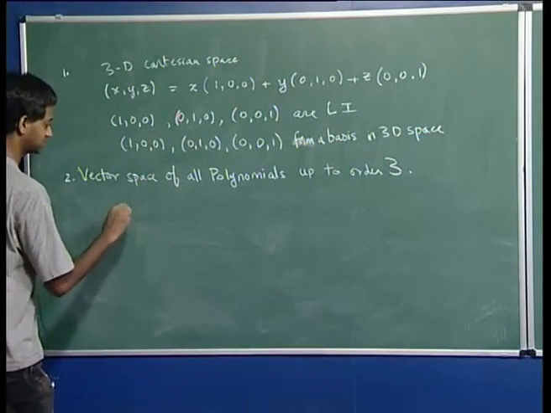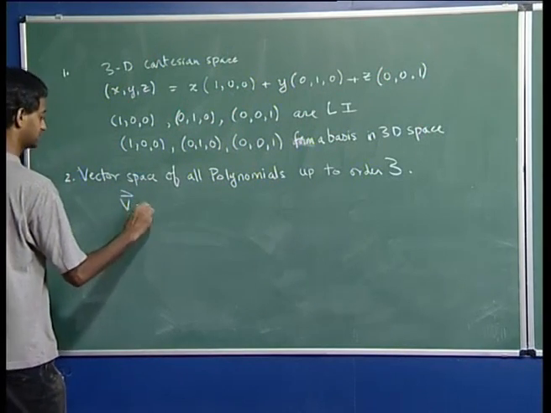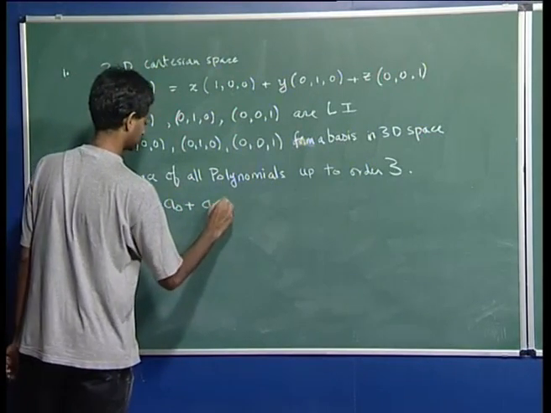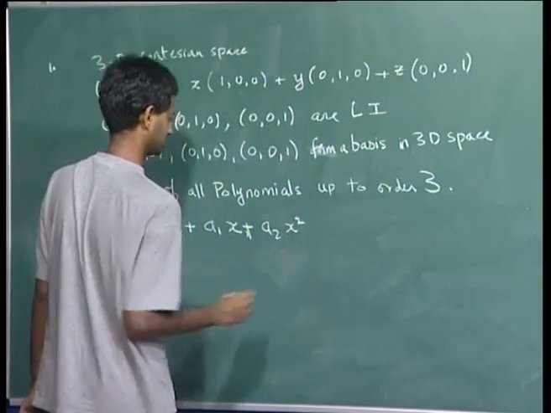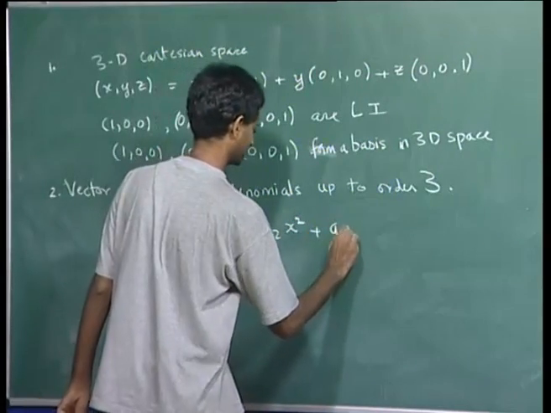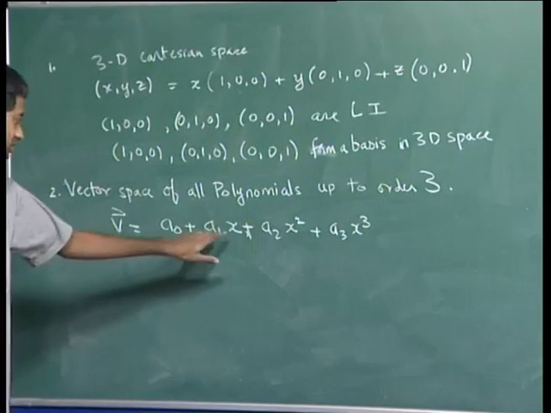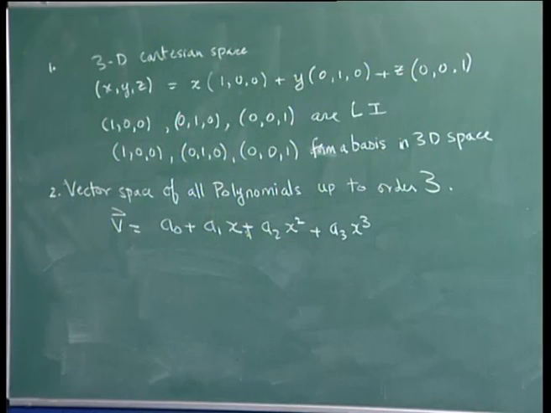And so in this vector space, any vector v is written as a0 plus a1 x plus a2 x square plus a3 x cube, okay, where x is the variable of which we are taking the polynomial.